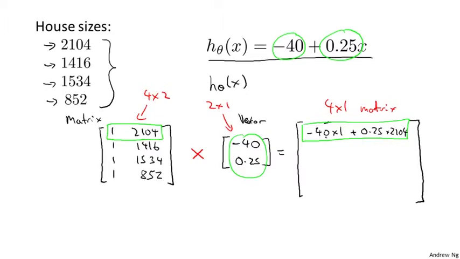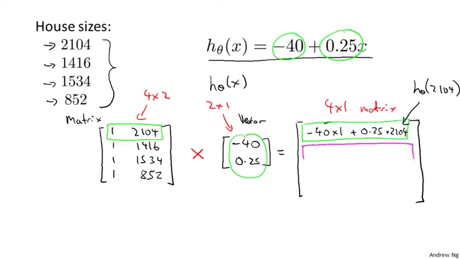By the way, on the earlier slides, I was writing 1 times minus 40 and 2104 times 0.25, right? But the order doesn't matter. Minus 40 times 1 is the same as 1 times minus 40. And this first element, of course, is h applied to 2104. So it's really the predicted price of my first house. Well, how about the second element? Hope you can see where I'm going.